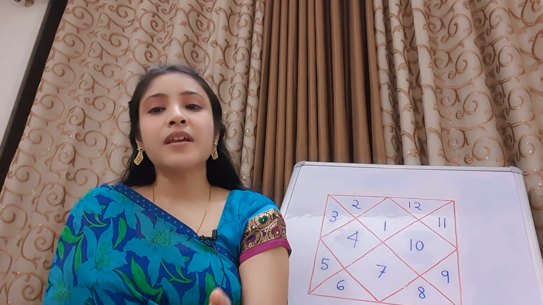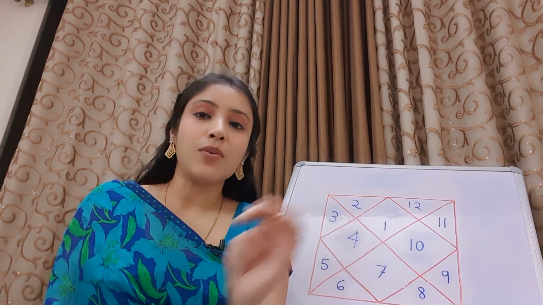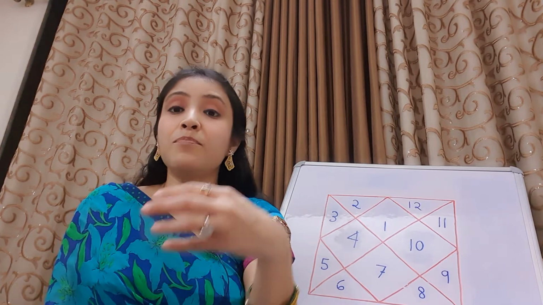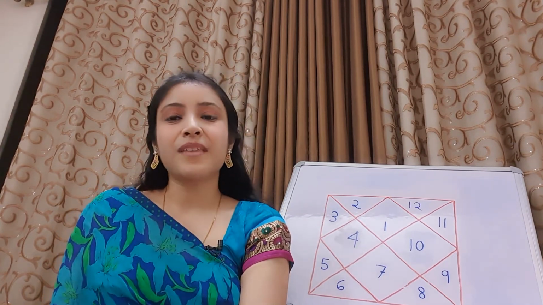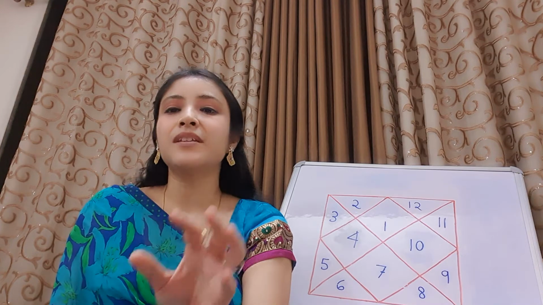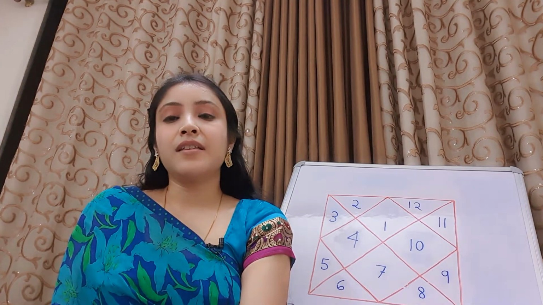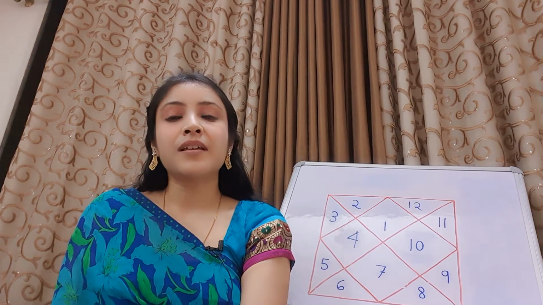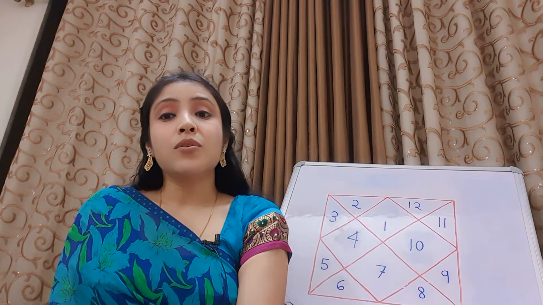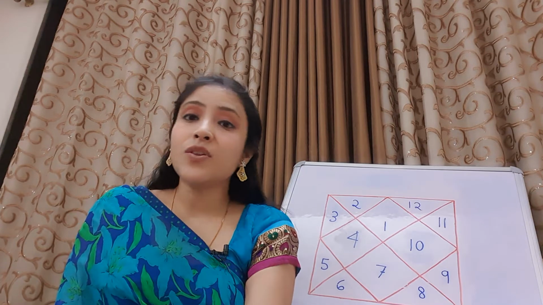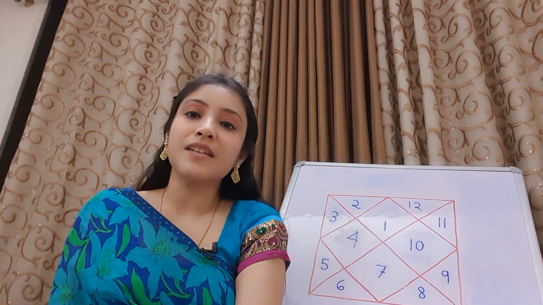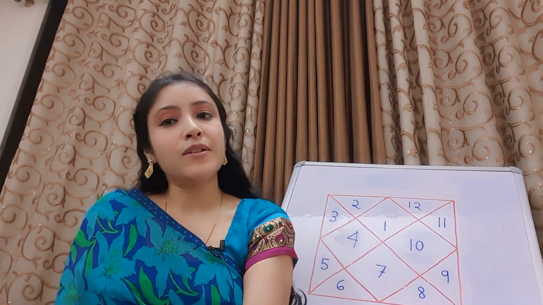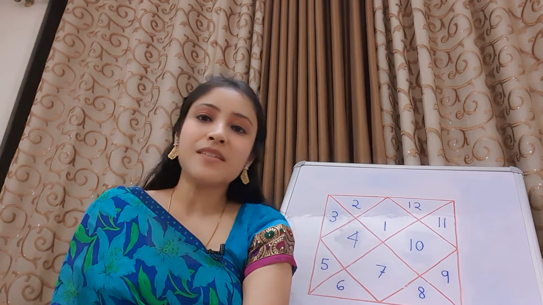So we will now look at each of the houses, what they primarily signify. I will talk about only the primary significations. There are so many significations, but I will talk about the primary ones. And which planet is the significator of that house? I will talk about that in today's session.